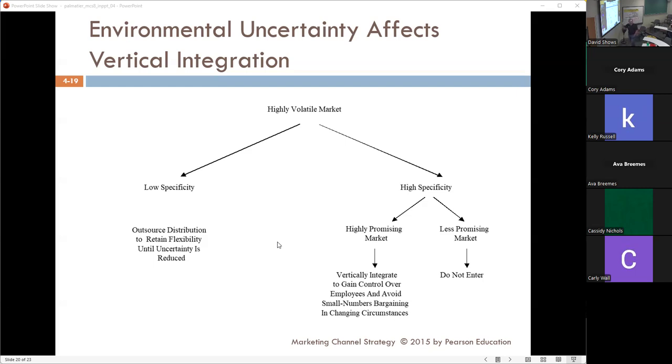However, if you have high specificity, if your particular product is unique, and it's a highly promising market that you can grab, and not only that, but you want to generate control over the product, the employees and all of those other things, then you want to vertically integrate down.